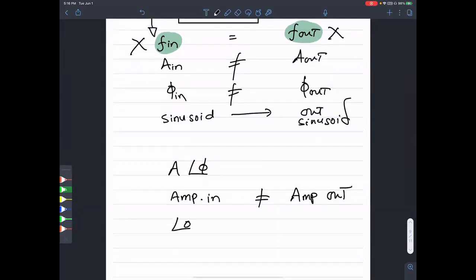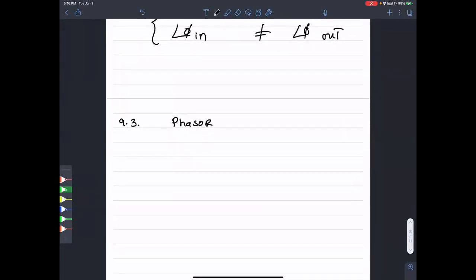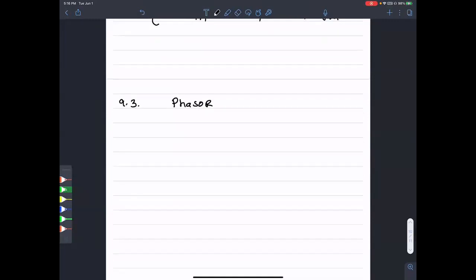Phase angle input is not the same as the phase angle output. So this gives rise to the idea of a phasor. Our effort is to collect the amplitude and the phase of the input and be able to estimate the amplitude and the phase of the output for the given circuit.